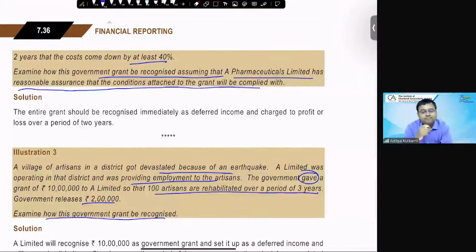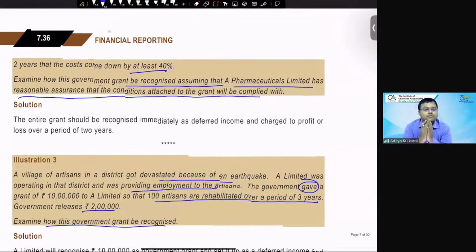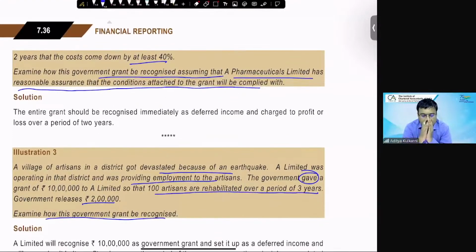Yes. What do you think? The answer is visible, but still. Is the grant received? Yes, sir. Grant is already received. The government gave a grant of 10 lakh to A Limited. So grant is received. Okay.